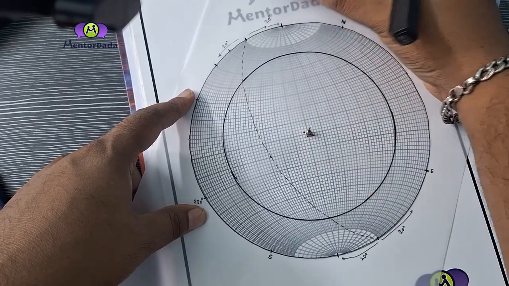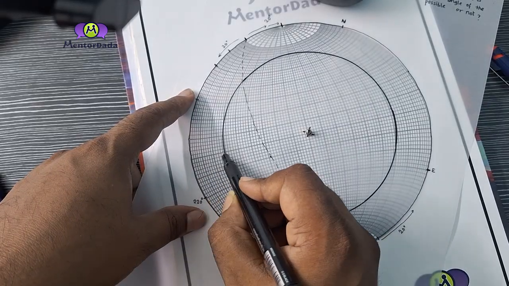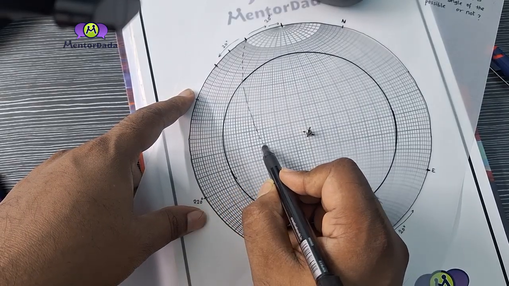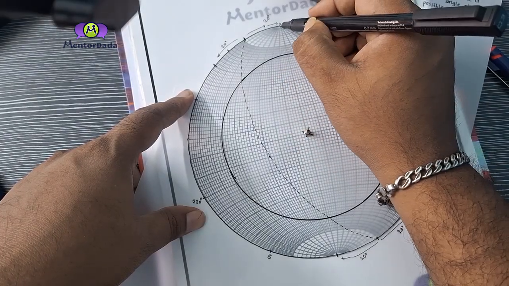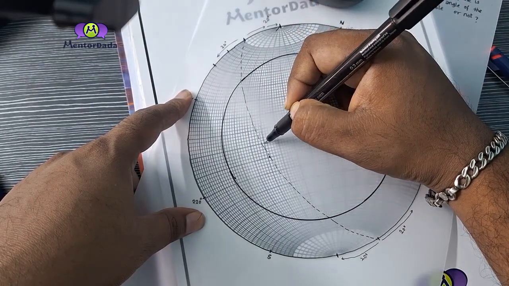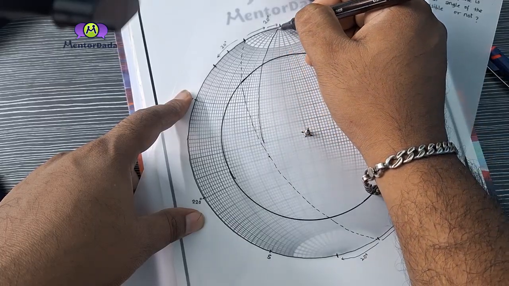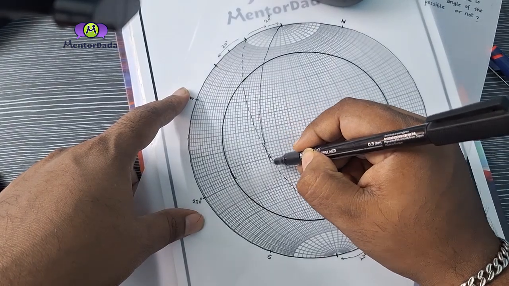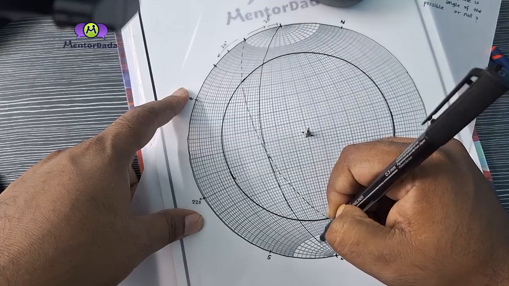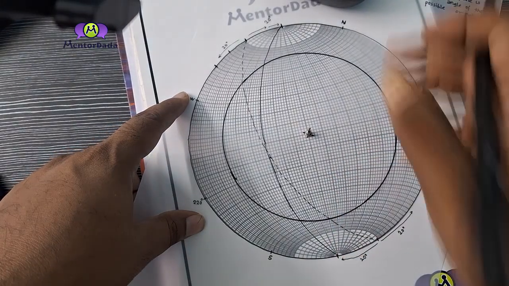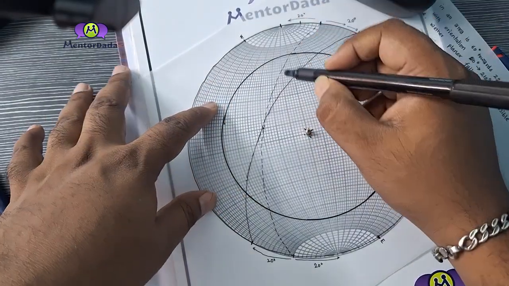The slope face was 60 degree, right? 30, 40, 50, 60. Again we will draw another strike line having the same dip.